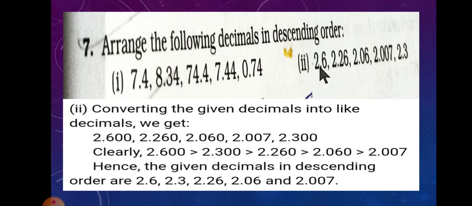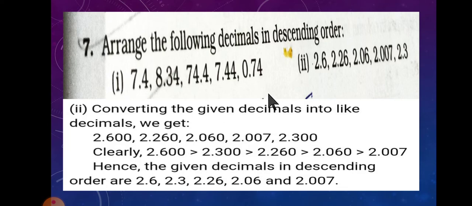So we will put 0s. For 2.6 we need 2.600, so we will add 00; there also we will add 0. There, it already has 3 digits, so no need to add any 0, and there 2 digits is less, that's why we will add 0.